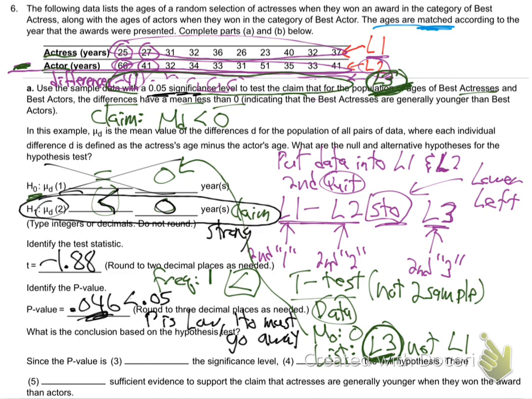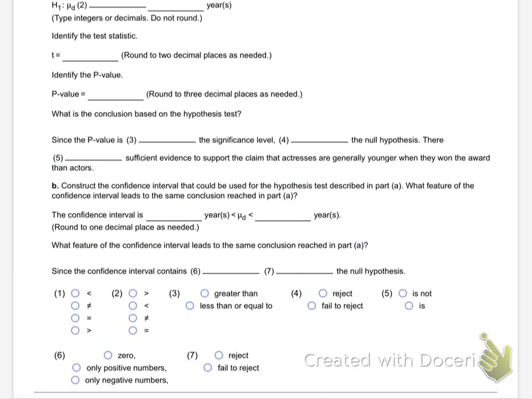Since the p-value is less than or equal to the significance level, you're supposed to reject the null hypothesis. There is sufficient evidence to support the claim that actresses are generally younger when they win the award, right?